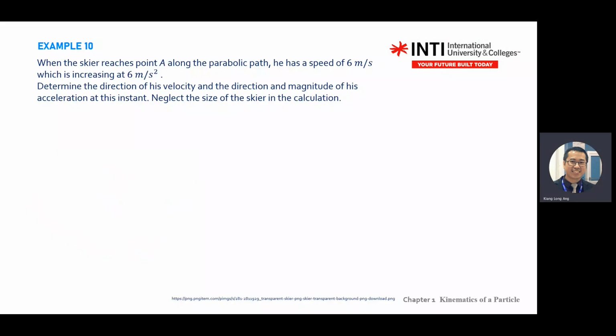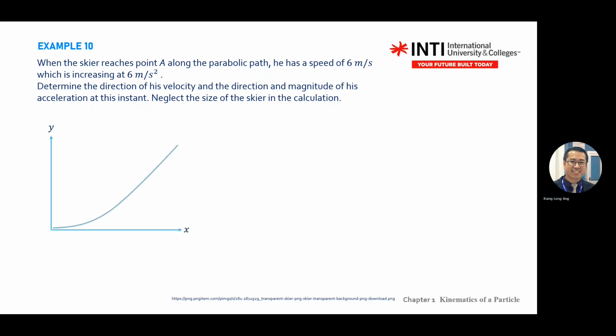Let's look at one example of how we apply what we learned so far. You are given a skater. This skater skates from the top of the hill and then lands on the snow. So you are given one pathway for this skater.